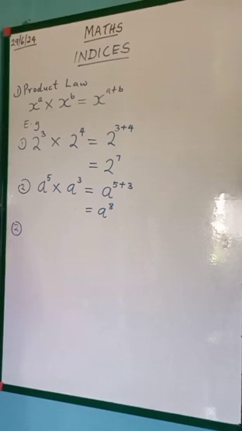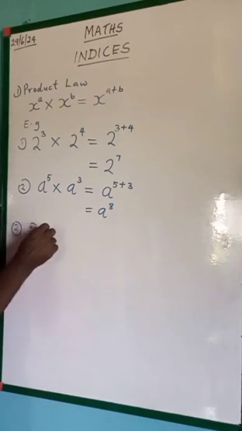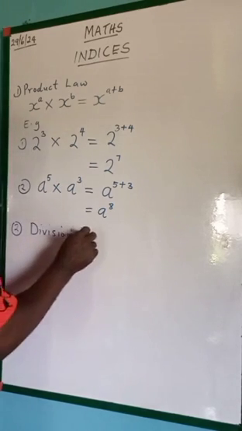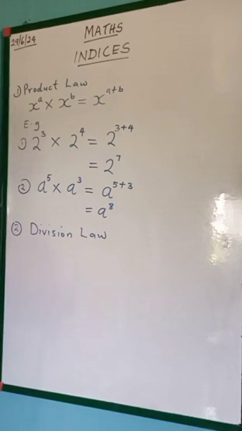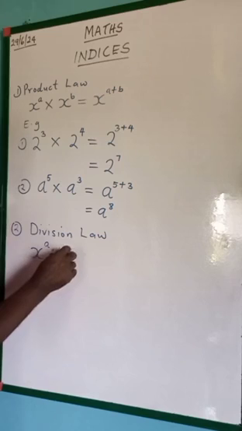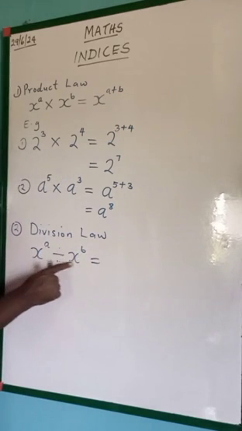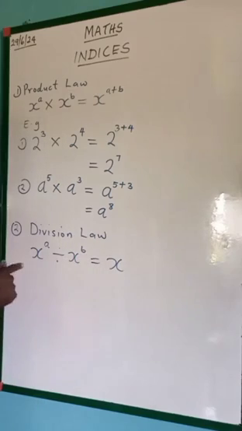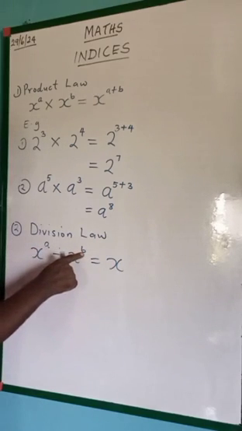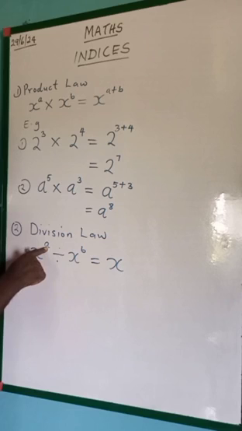The second law is the division law. This law says that if we are also having numbers having the same foundation number, say for instance x raised to power a divided by x raised to power b, what you will do is to pick the foundation number, which is in this case x, then subtract the one on the denominator, which is b, from the power of the numerator a.